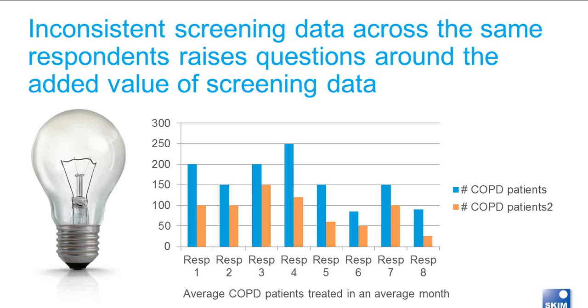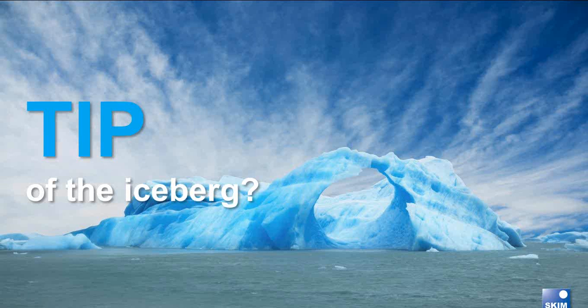But we are talking really about differences of 50, 100, 150 patients. So this leads to questioning the added value of the screening information. And we as a team have a strong feeling that this is only the tip of the iceberg, that there is so much more beneath the water.